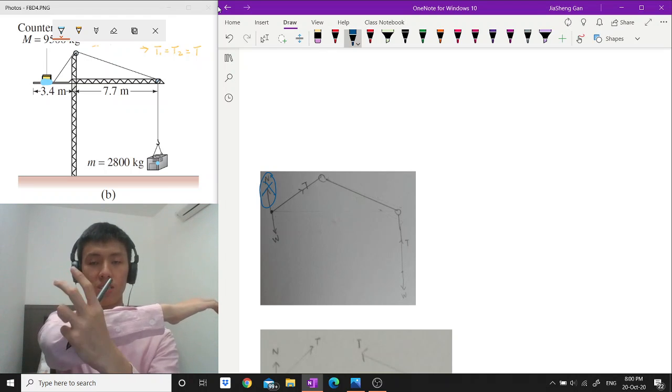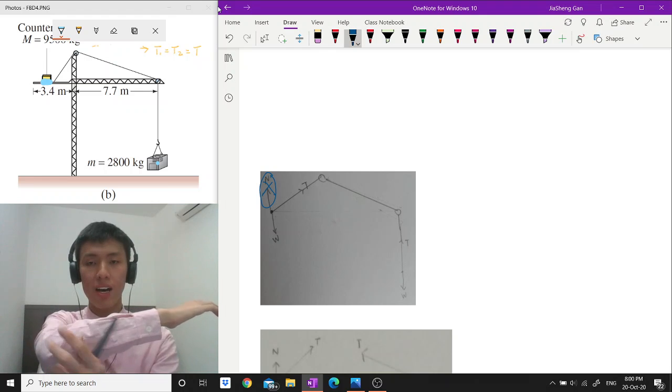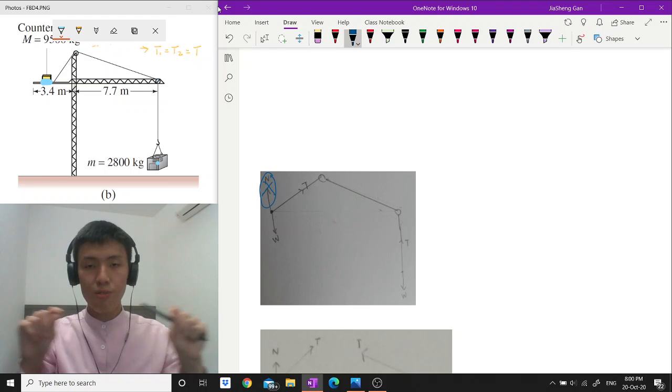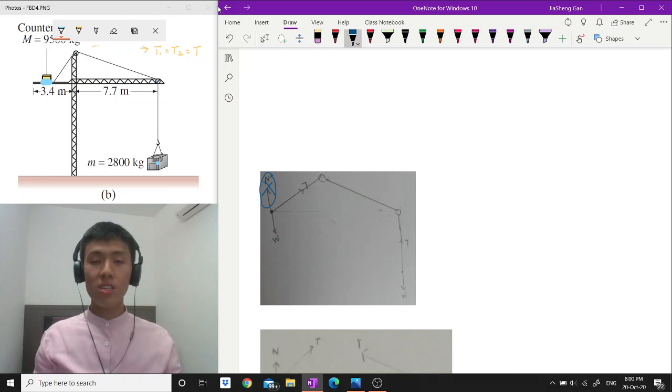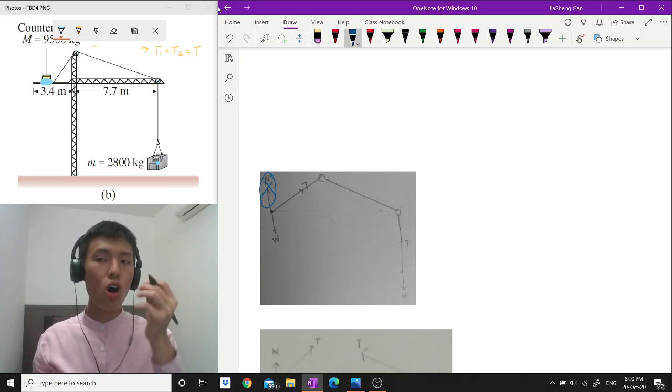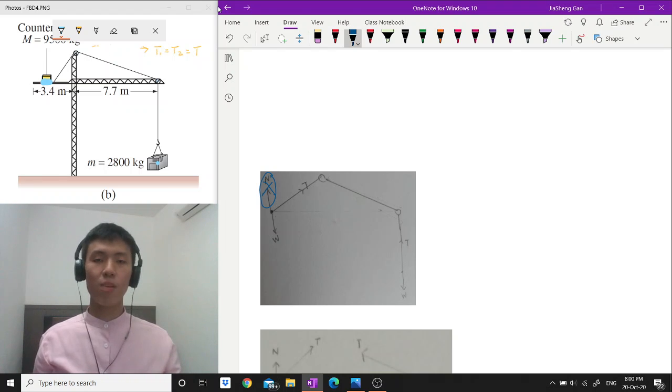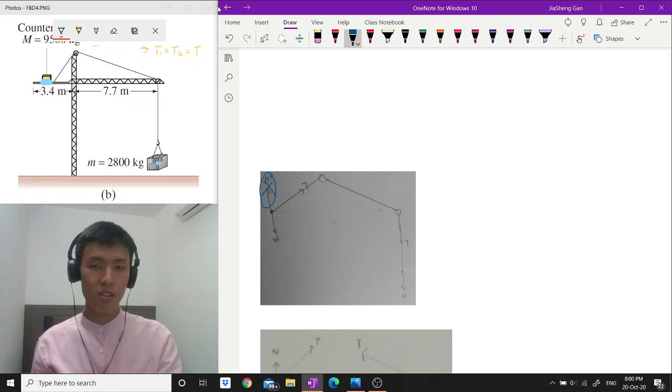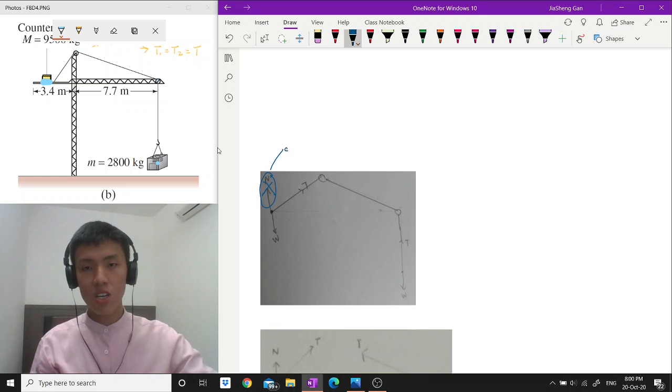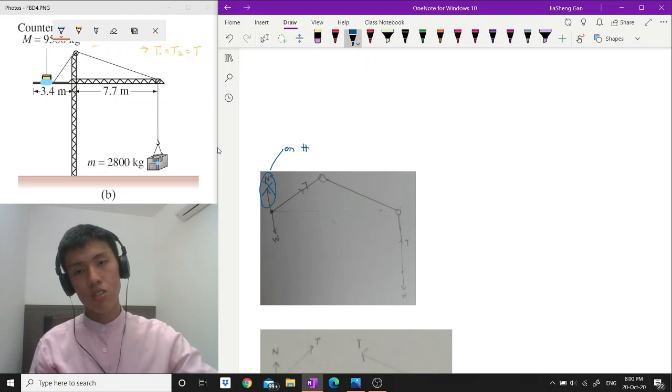That's not the force felt by the bar. If you are drawing the free body diagram for the bar, we only want the force exerted on the bar. We don't care about the force exerted on the box. This one is on the box, so it's irrelevant for our case.